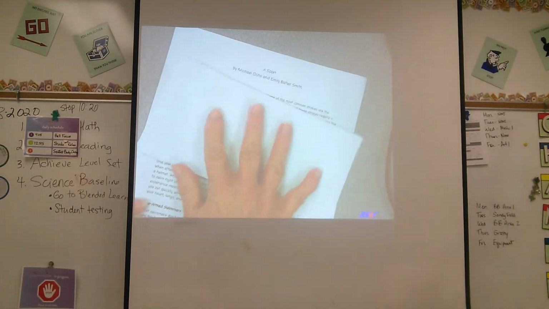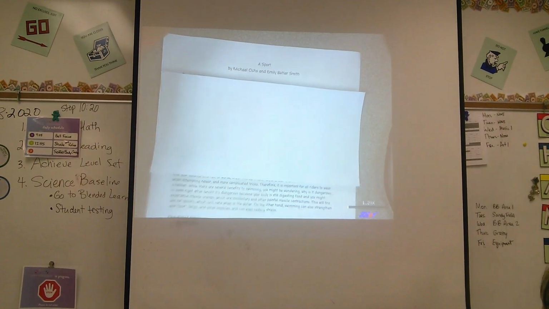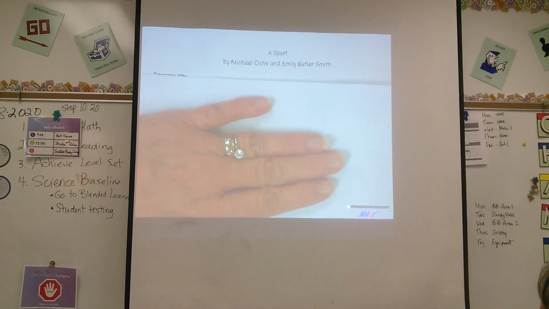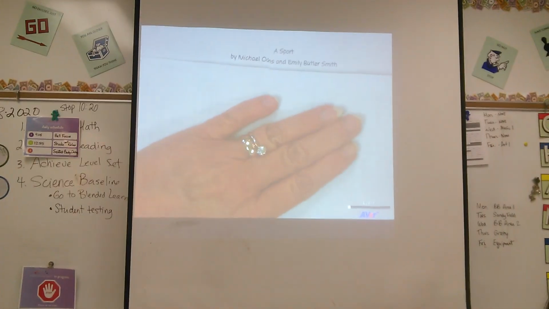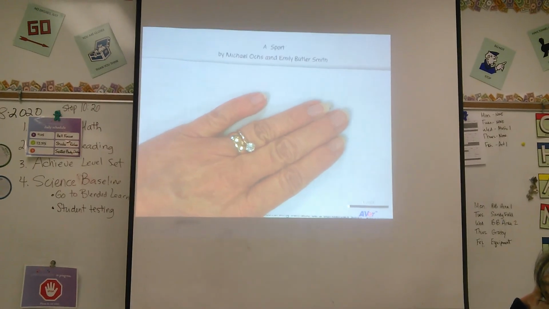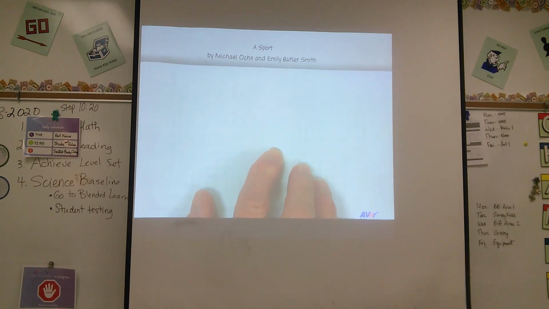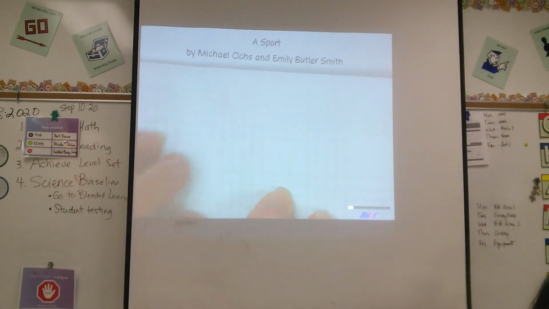I'm just going to cover up, and let me go ahead and zoom in. I'm sorry that you don't have your own copy of this in front of you. I will upload a copy of this to the Teams page should you want to look at it or print it out. We're trying to minimize the number of surfaces that get touched.